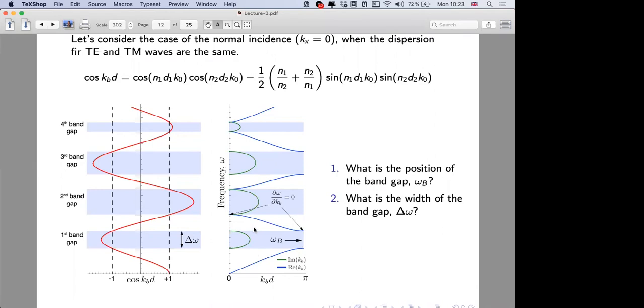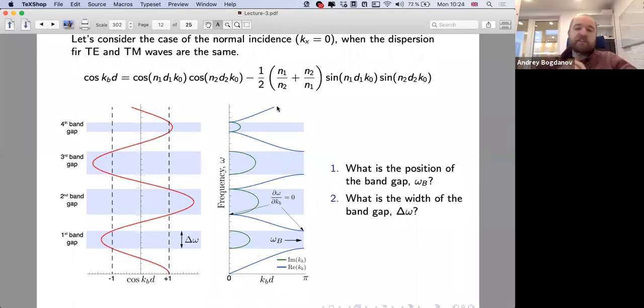Let's imagine that we have some fixed design, a fixed period, certain refractive indices, and thickness of layers. Could we observe the band gap at some frequency for all angles of incidence and for both polarizations?